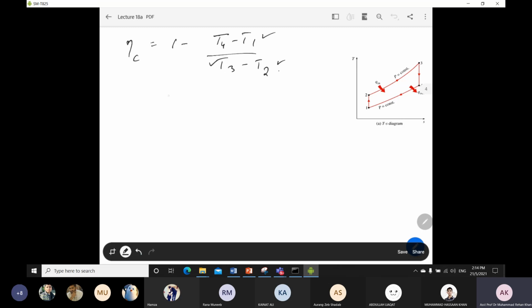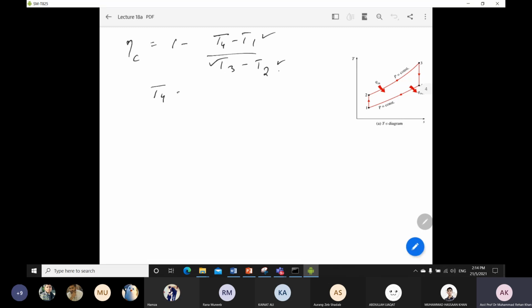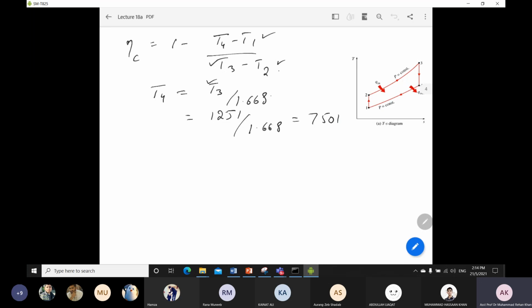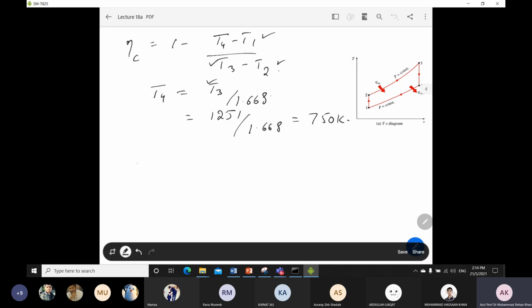From the previous part we developed the relation T4 is equal to T3 over 1.668. The T3 value is known, so simply put 1251 and divide by 1.668, and it turns out to be T4, which is 750 Kelvin.